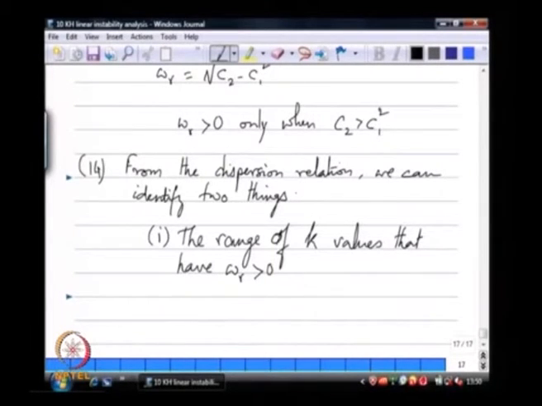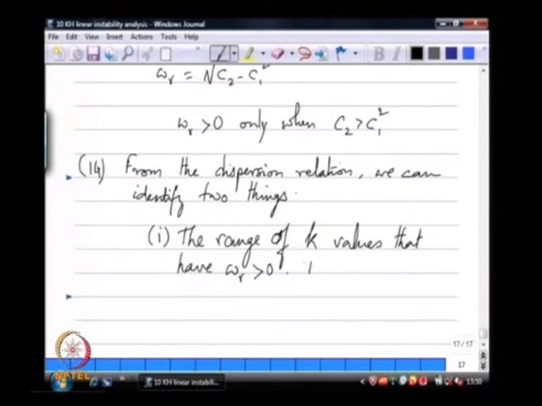So, all the k values in this case, for example, that have C2 of k greater than C1 of k squared will be part of this range of values.